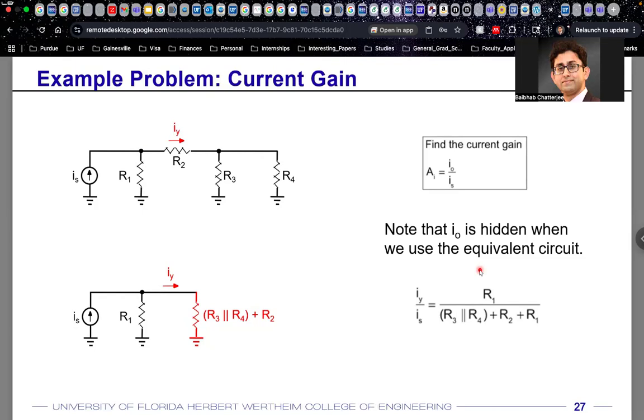So this current that is flowing through this branch, which is IY, is going to be IY, which is equal to R1 divided by R1 in parallel with R2 plus R3 in parallel with R4 times IS.